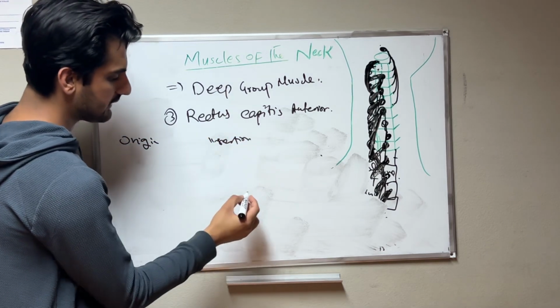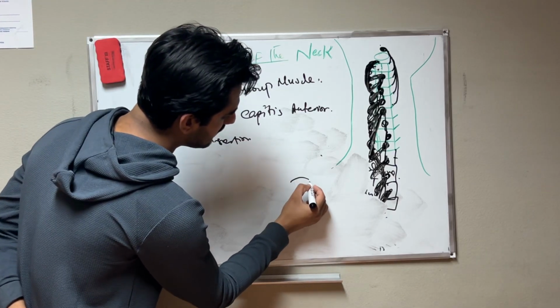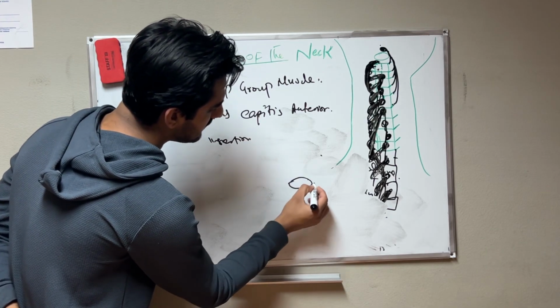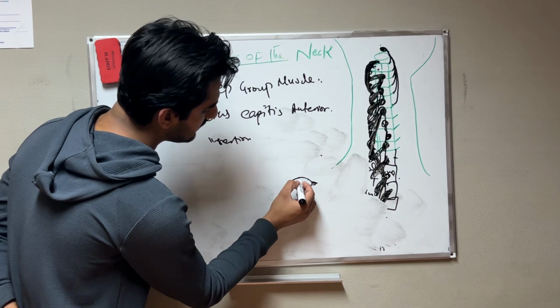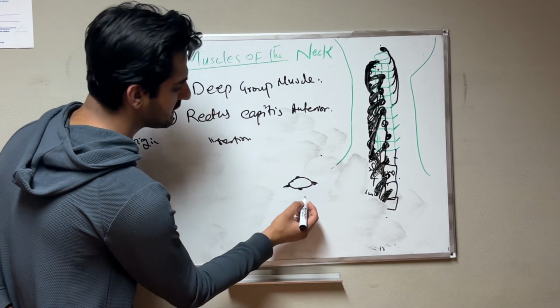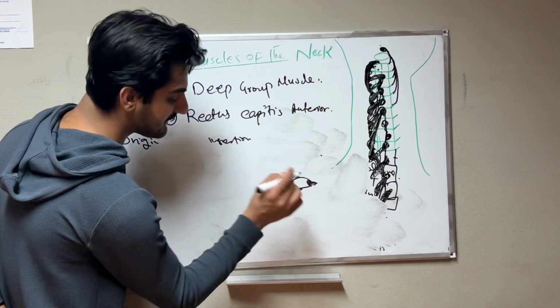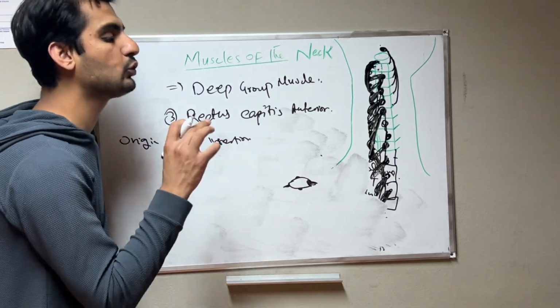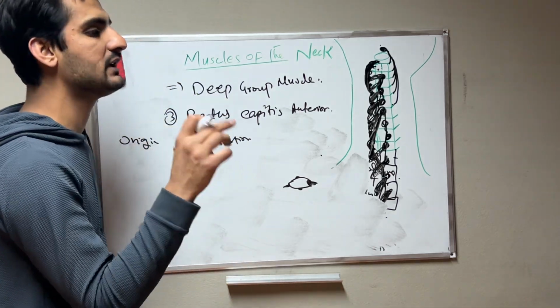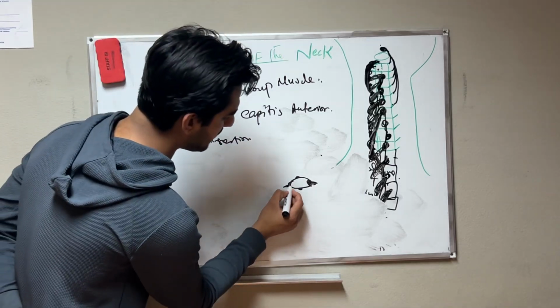do you remember the atlas? This is the anterior tubercle and this is the posterior tubercle, and in the place of body, in atlas we have no body, but in the place of body we have two lateral masses.